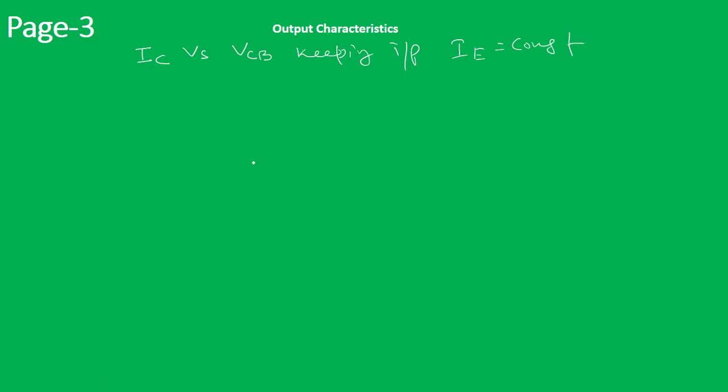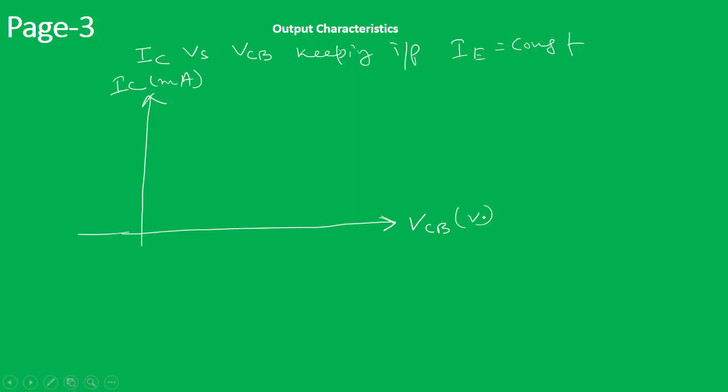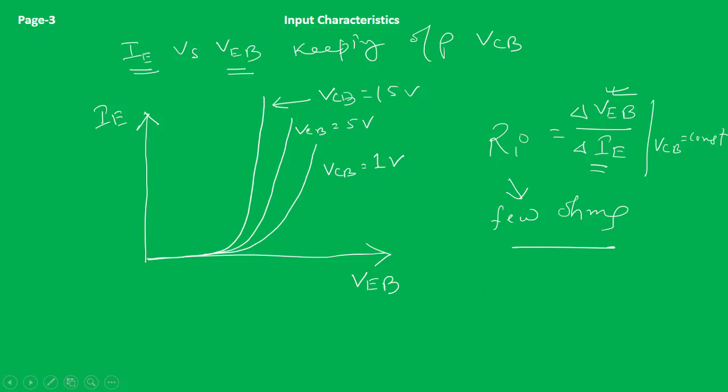If we plot these, we get this kind of graph. Say this is VCB in volts, and this is IC normally in milliampere. In the previous case also IE was in the milliampere range.